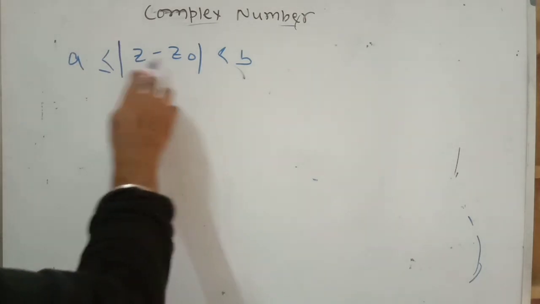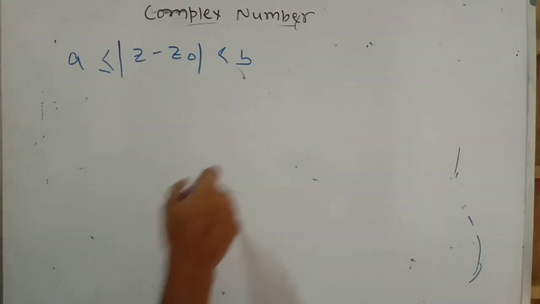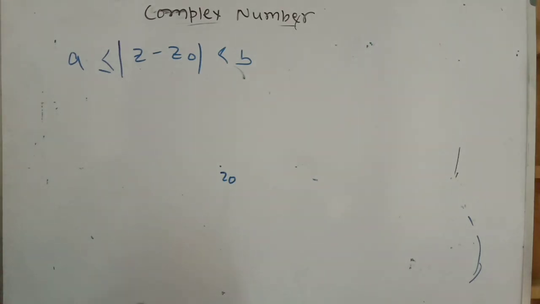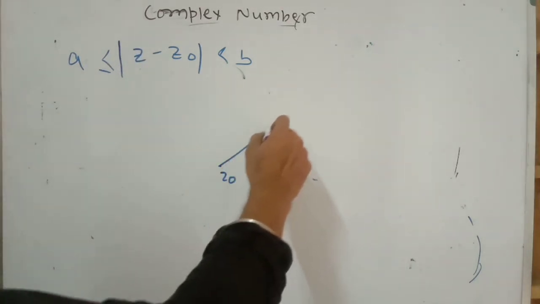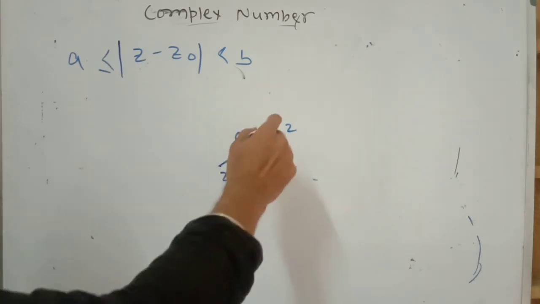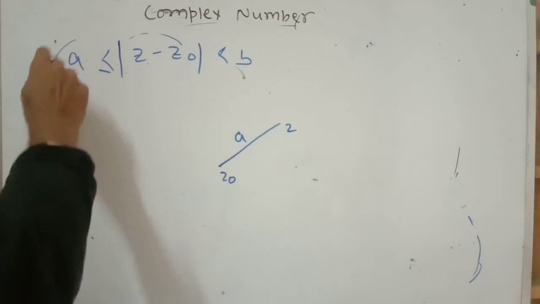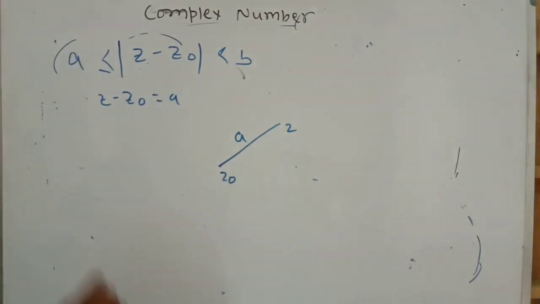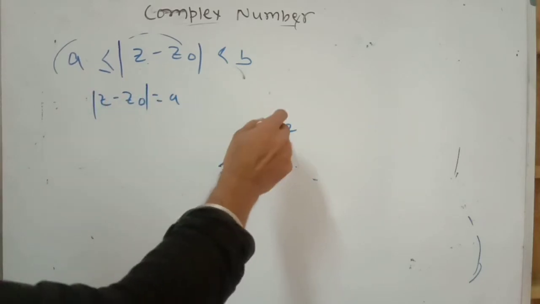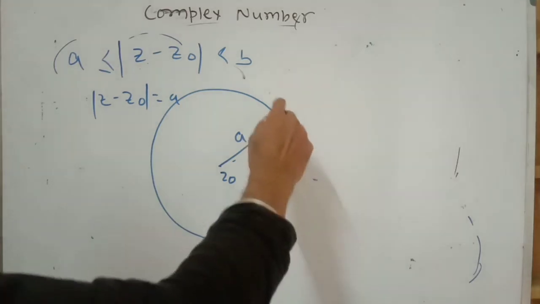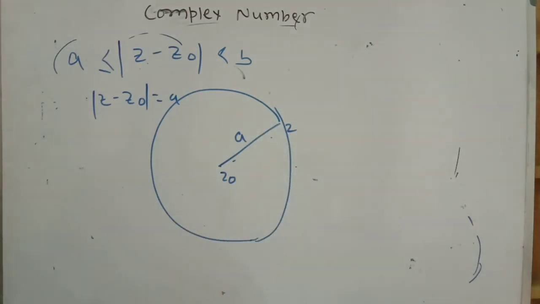Here z₀ is the center of the circle, and z is at distance a. So when you draw the locus of this one, it becomes a circle of radius a.